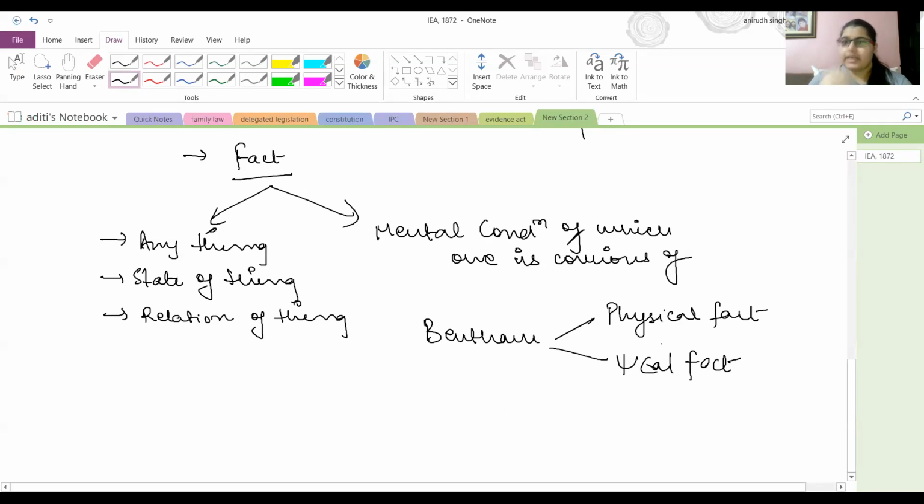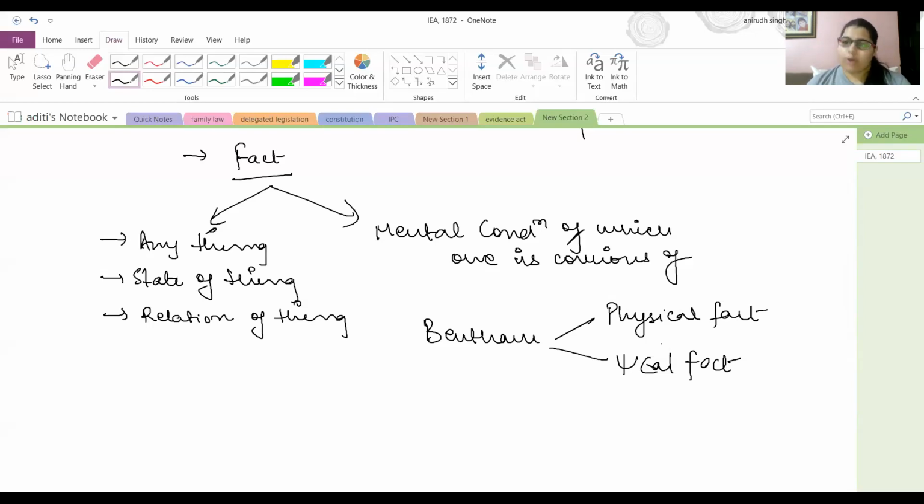That particular thing can be seen, that particular thing can be felt, it can be perceived by our senses. So whatever is being perceived by our five senses, it will be considered as a physical fact, right? And this particular physical fact can be proved either by some direct evidence or maybe by some circumstantial evidences.